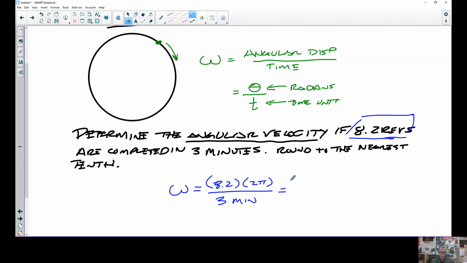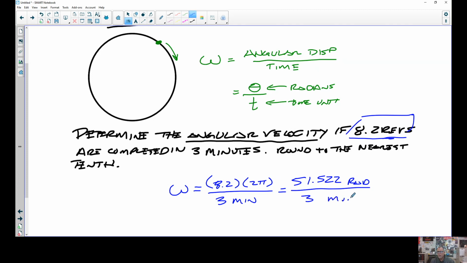So 8.2 times 2 pi, let's figure out what that is. We get 51.522 radians, and that's over 3 minutes.